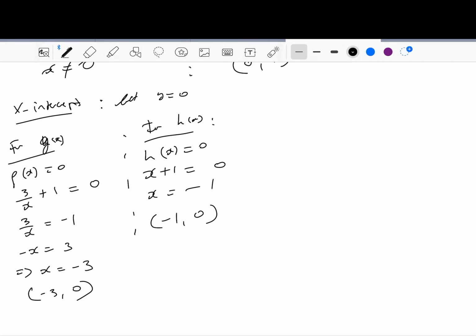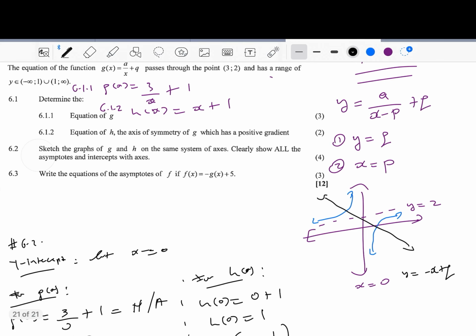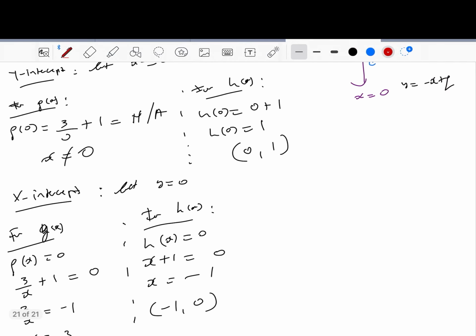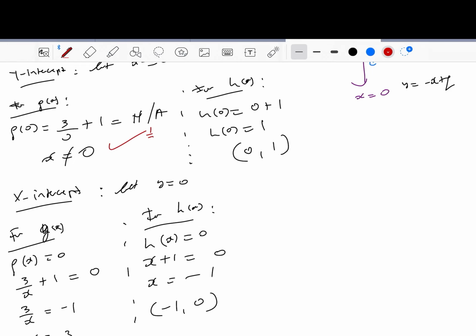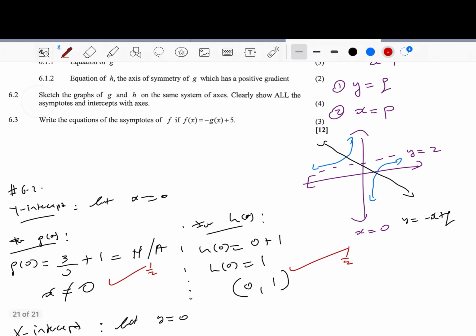So that is your x-intercept. You have your x-intercept and the y-intercept, so you get marks for that. You get a mark for identifying this, a mark for identifying this, so a half each, so it's 2 marks.